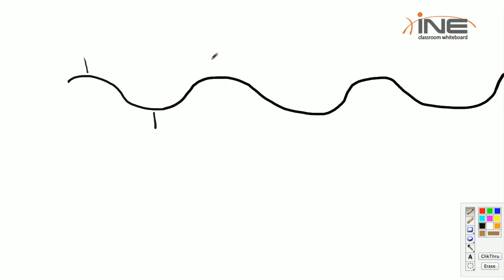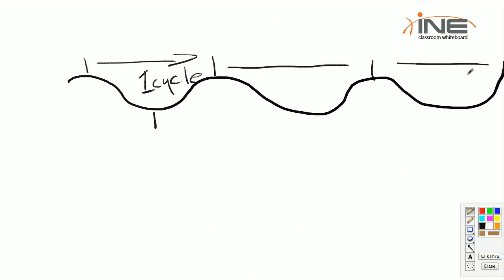And the distance between two peaks is going to be one cycle. Okay, so I've got one cycle here. So that's oscillating one time in 1 second. Here, I've clearly got 3 peaks, even though this one is kind of at the outskirts. So I've got 1, 2, 3. This would be 3 hertz, or 3 cycles per second.